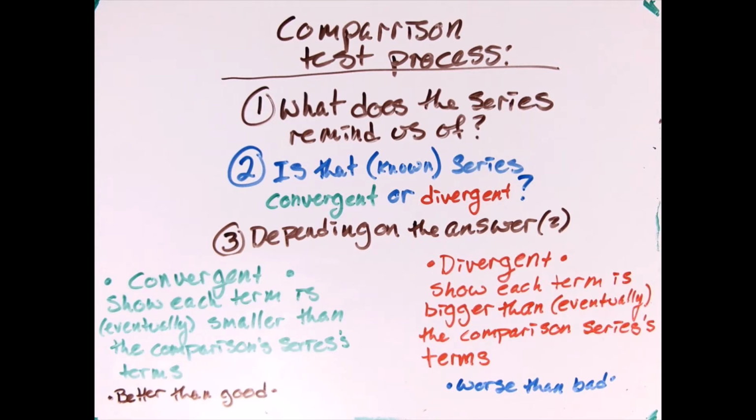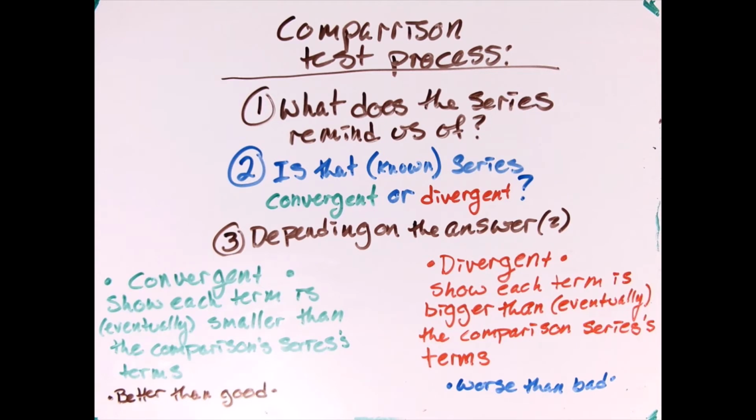And then we want to know, is the known series that it reminds us of convergent or divergent? And sometimes you'll take this in a two-step process. You'll say, oh, it looks like this one, but I still don't know about that series, so that series now looks like another series.